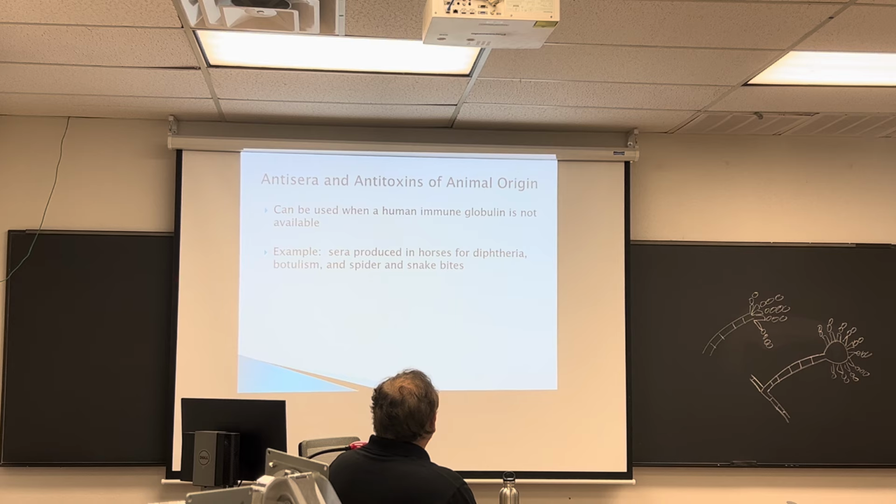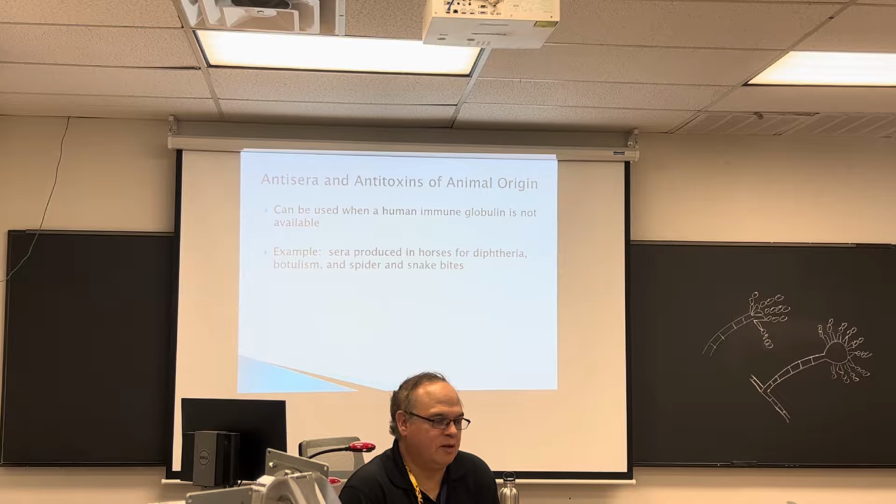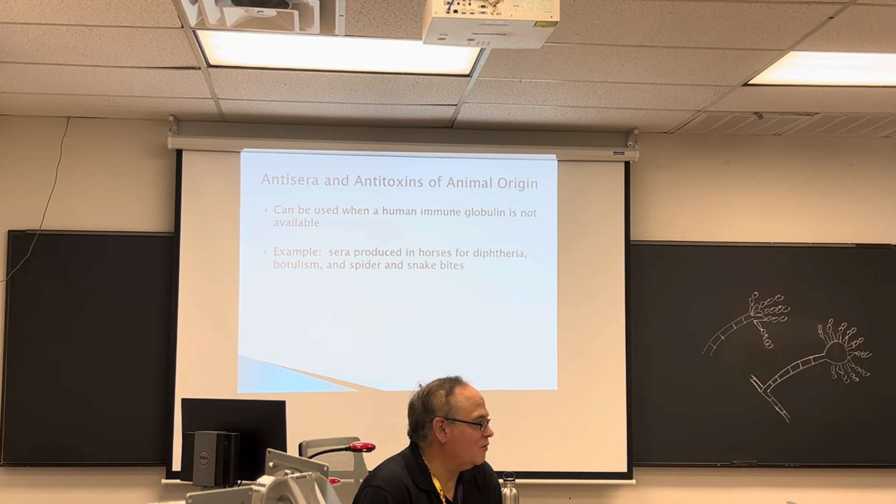And then we have anti-sera and antitoxins. So we do have anti-sera, we call it anti-venom, for snake bites. The more common snake here that we run into that might cause us a lot of trouble is a rattlesnake. And so there's an anti-sera or an anti-venom for rattlesnake.